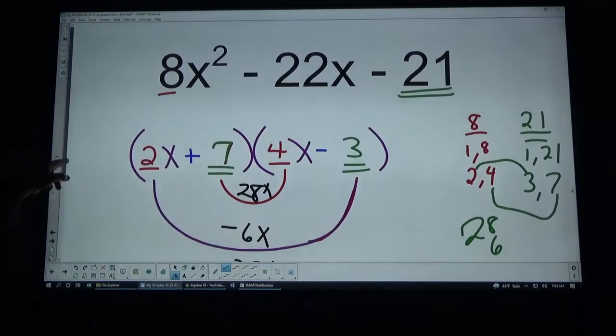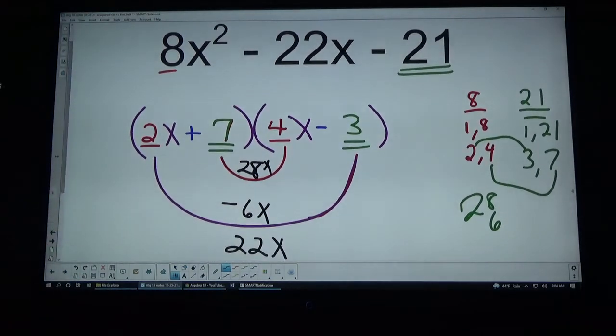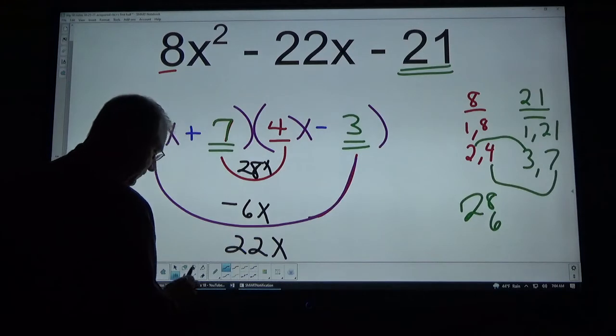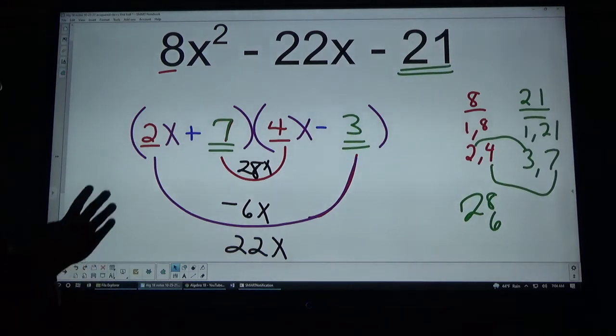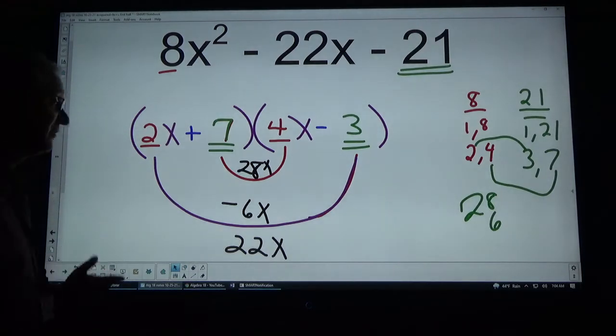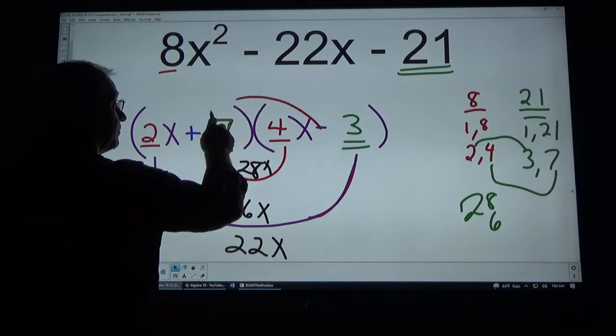What did I want? I wanted a negative 22x. Well, I didn't get what I wanted. I got the right number, wrong sign. If you have different signs and you get the right number, wrong sign, swap.